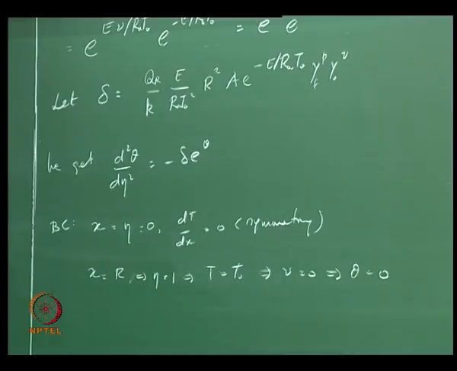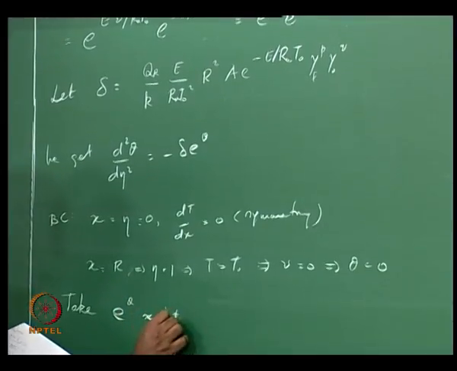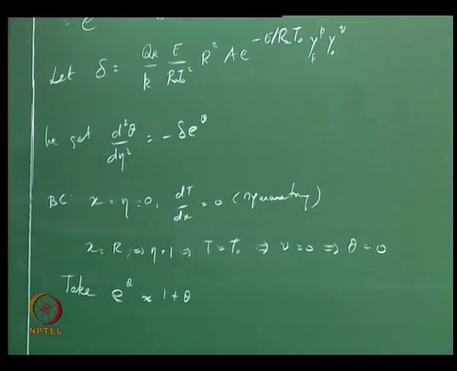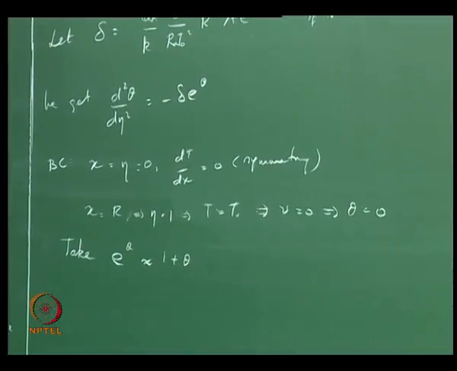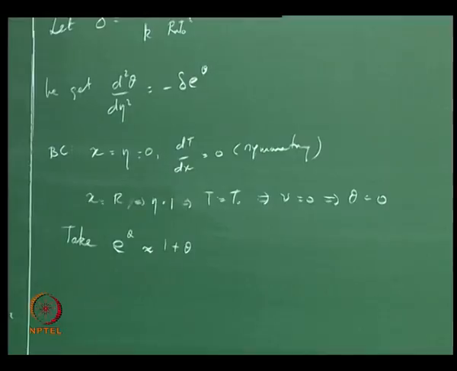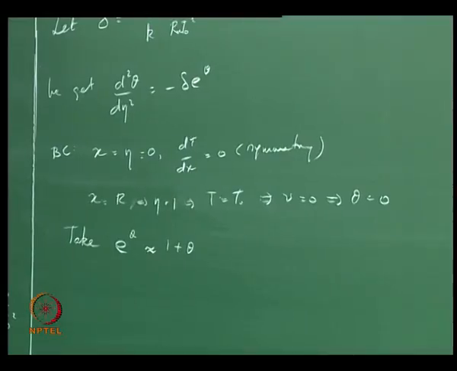Now let's do something like a linearization. So take e to the theta as 1 plus theta. That means you do a Taylor expansion and chop off the terms that are going as a square and so on. If you do this, that's pretty straightforward.